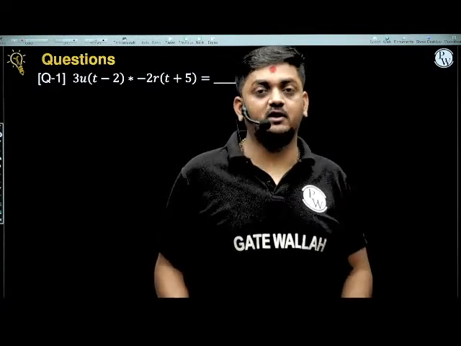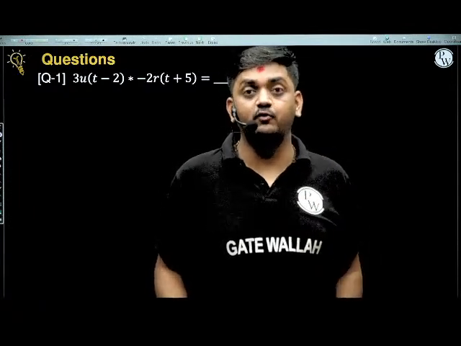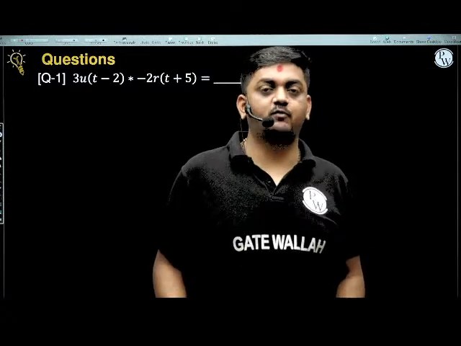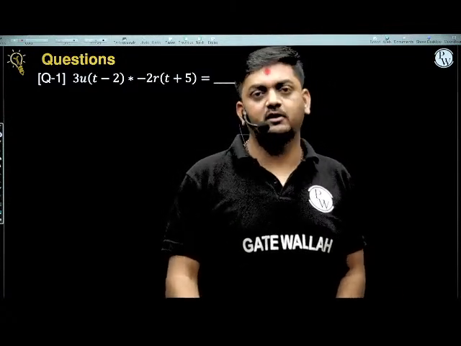Till now we have seen the convolution between two signals which have infinite duration. So what is the answer for the convolution of finite duration signals? Okay, that we will continue in the next class.